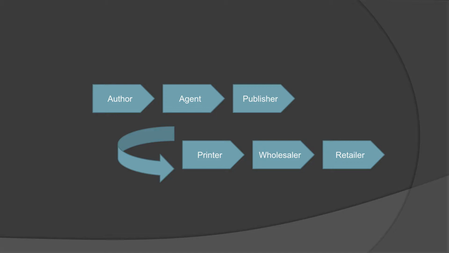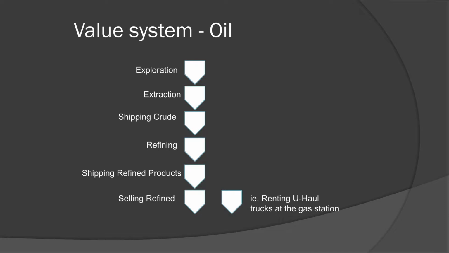And so then when you do horizontal diversification, you're actually going up or down. Many documents would draw the value system in a top-down manner so that when you go horizontal diversification, you're actually moving to the side. So let me give you a value system example that is not in your book.